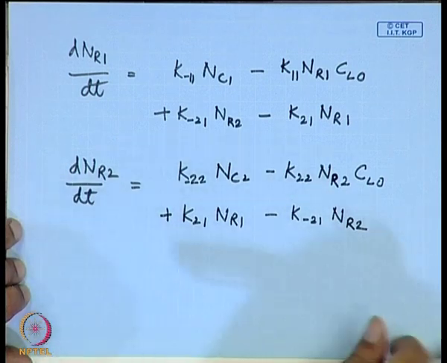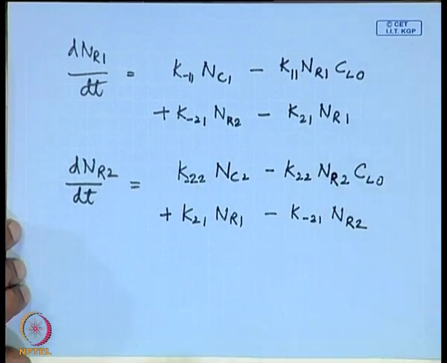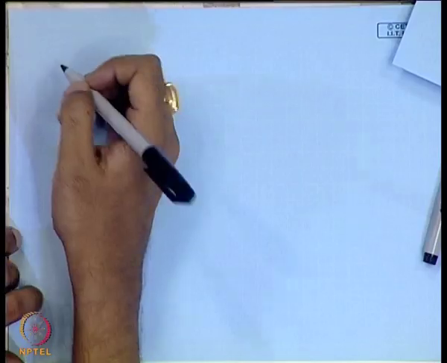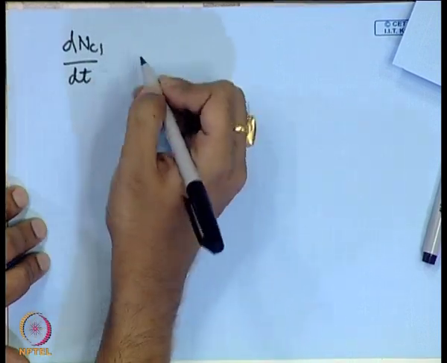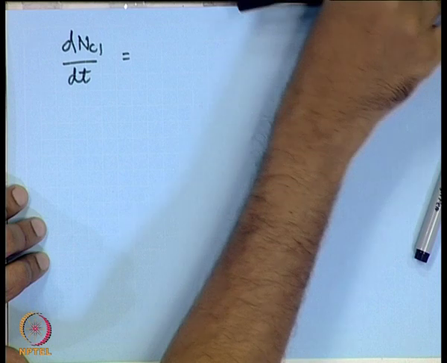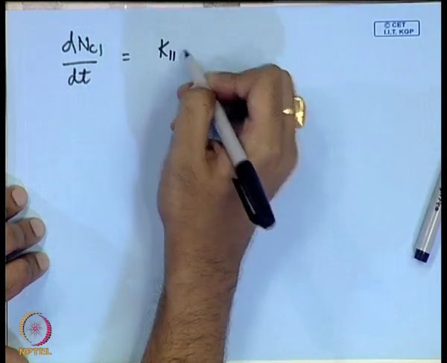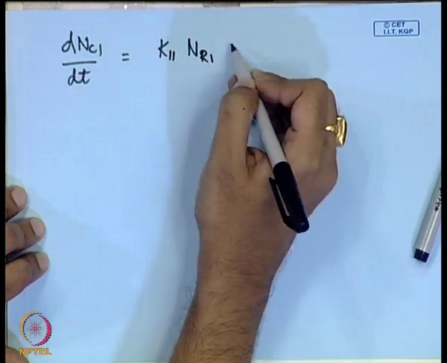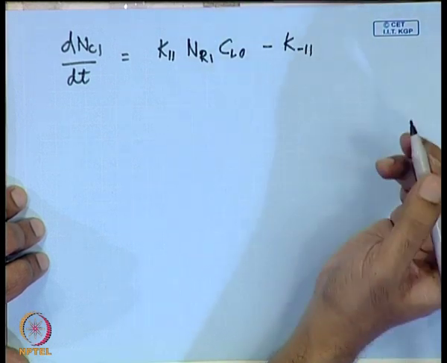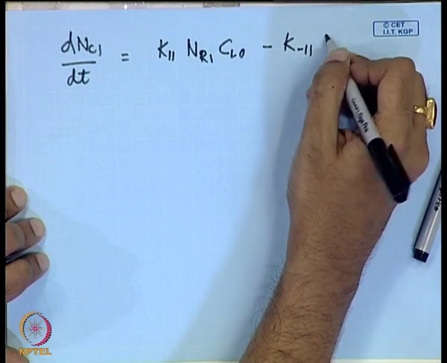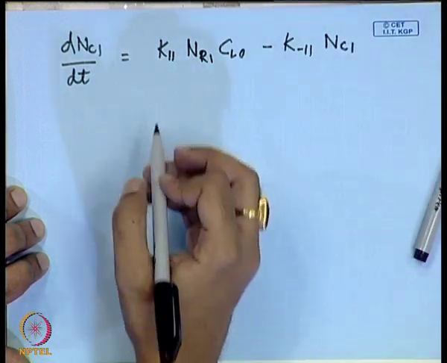That also has 2 sets of reactions. So, this is the set of reactions for NR1 and NR2, and if we look at C1 and C2, dNC1/dt equals K11 NR1 Cl0 minus K minus 11 NC1. Okay.